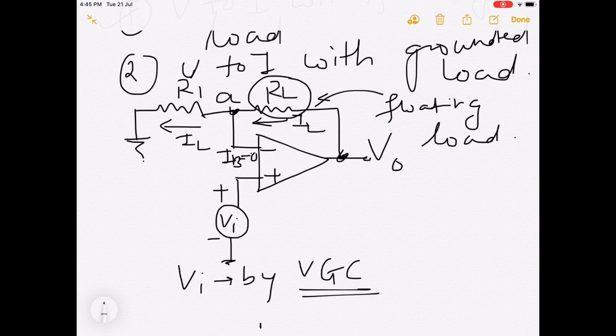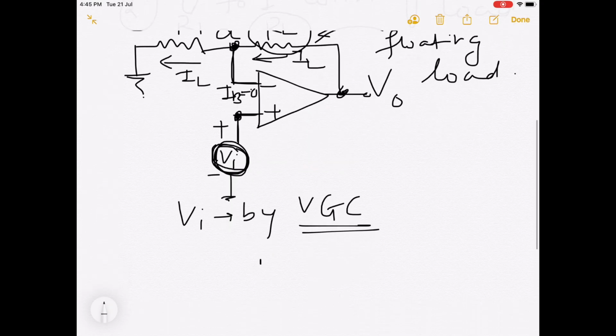We have seen this concept in previous lectures: if your non-inverting terminal is connected to one potential, or a voltage supply, or it is connected to ground, then the voltage at the inverting terminal is equal, it has equal potential with the non-inverting terminal. This is the virtual ground concept. They are not physically connected to each other, but their potentials are the same. That is why this Vi is equal to Va. So, at point A your voltage is Vi.